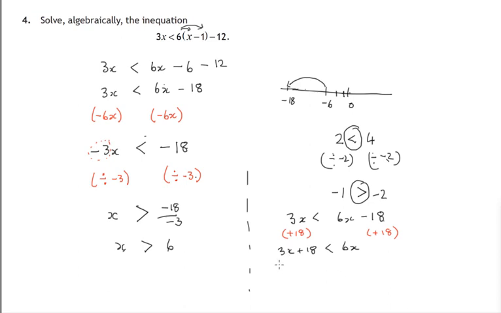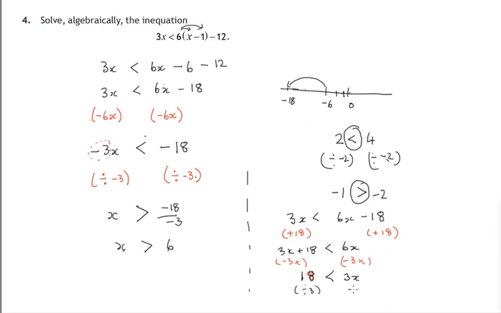We now try and get rid of this 3x on the left, so that would involve taking 3x from both sides. That leaves us 18 on the left, less than 6x minus 3x is 3x. And at this stage we would divide both sides by positive 3.